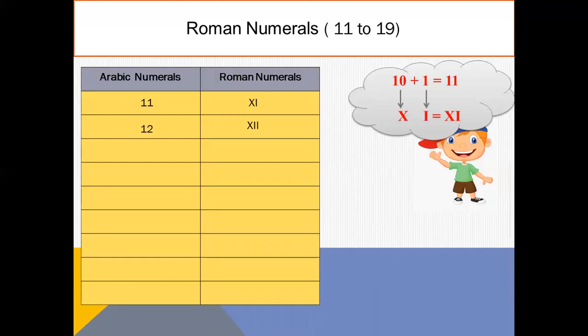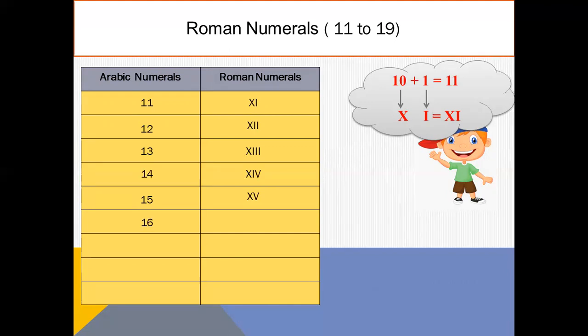12 is written as XII. It means 10 plus 2. Similarly, we can write 13 by using the letters X and I. 14 is written as XIV. That means 10 plus 4. 15 is written as XV.